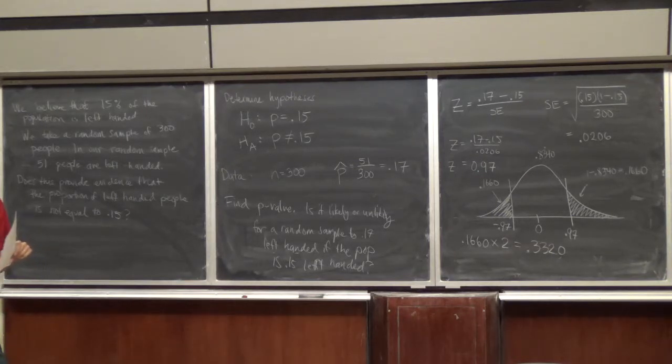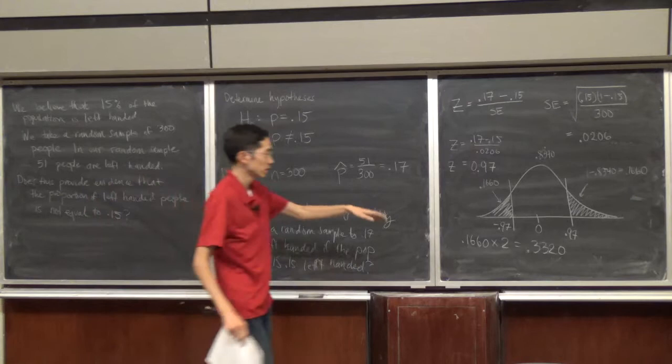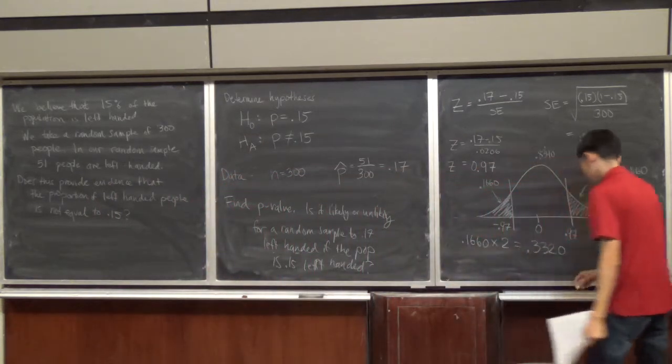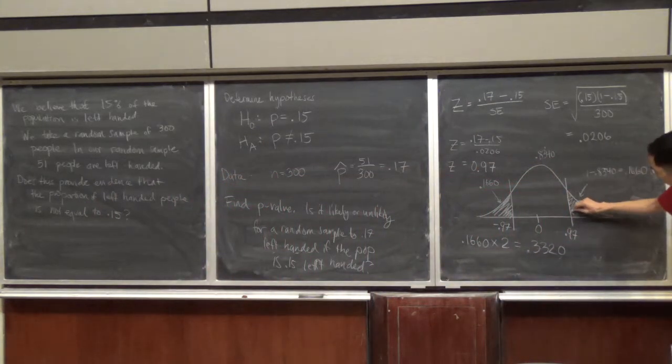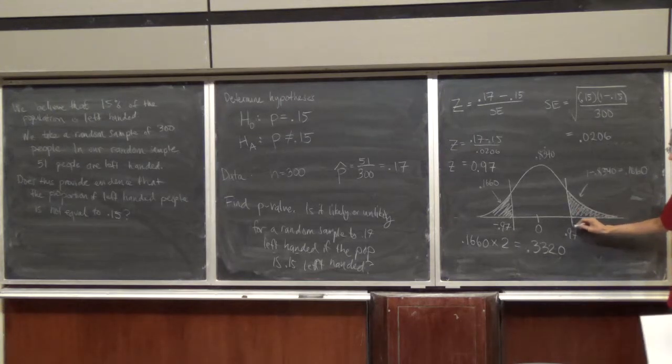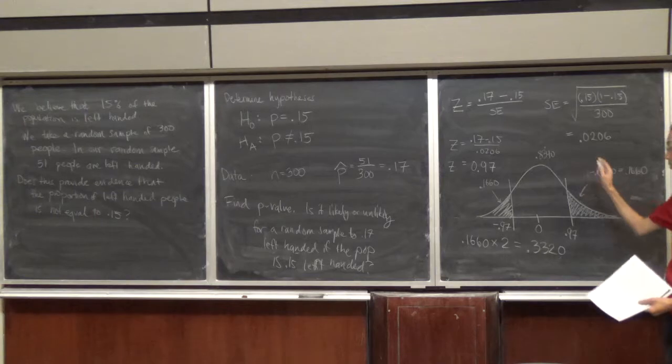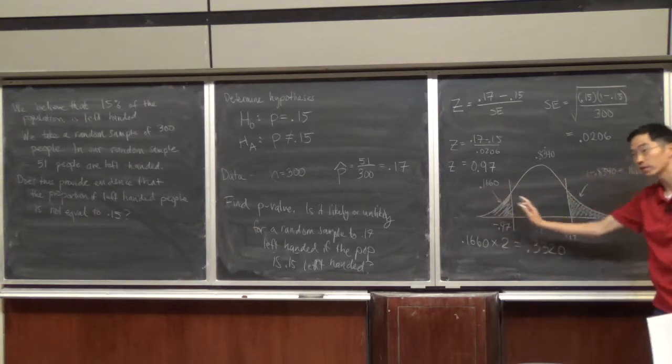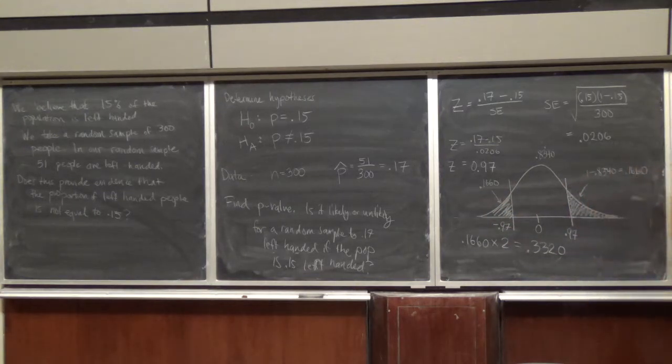Wouldn't it be the other way around? So first do 1 minus 0.8340, and then after that we apply that answer. Yes. In this case, I want to know how much is in this piece of the picture over here. When I look up 0.97, I get 0.8340, but that is the area to the left. I don't want that. So I do 1 minus that and get 0.1660.